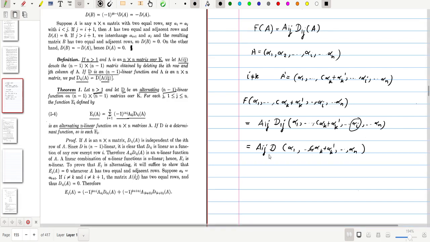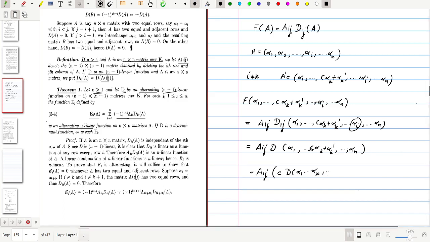Okay, so that is the same as d of this, that is equal to Aij times, now you have n minus 1 rows in this matrix, and we have assumed that d is n minus 1 linear, so you can split, since d has linearity in this kth row. D has linearity in all these n minus 1 rows, in particular it has linearity in this, then you can write that quantity as C times d of alpha 1, etc., alpha k, etc., alpha n plus d of alpha 1, etc., alpha k prime, etc., alpha n.